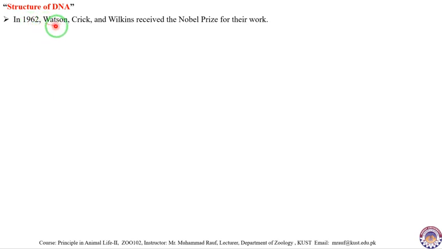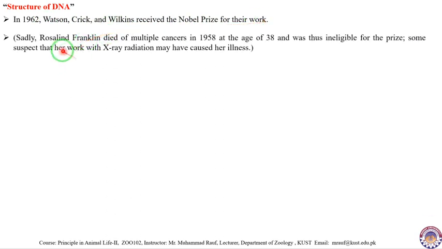In 1962, Watson, Crick, and Wilkins received the Nobel Prize for their work. Sadly, Rosalind Franklin died of multiple cancers in 1958 at the age of 38 and was thus ineligible for the prize.